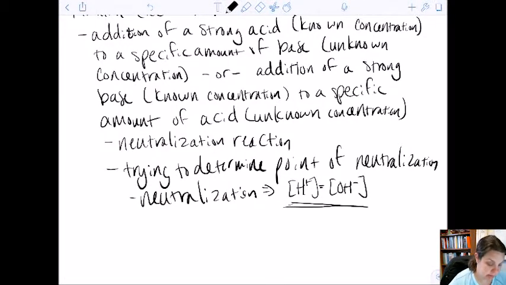So at this point, we know that our moles of acid are equal to our moles of base. And then from this information, we can determine the concentration of our unknown.